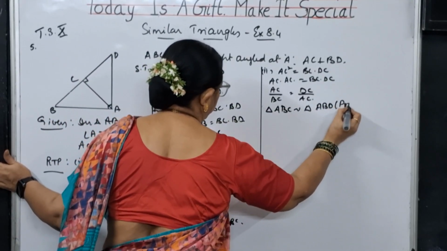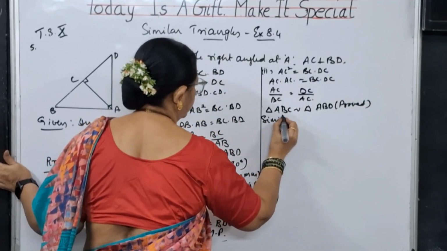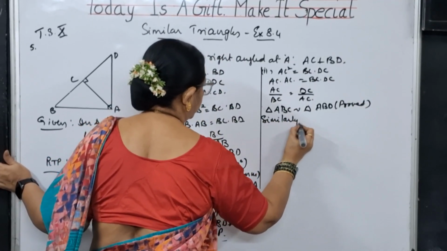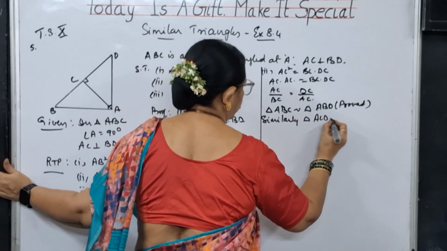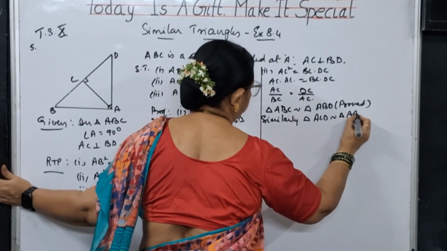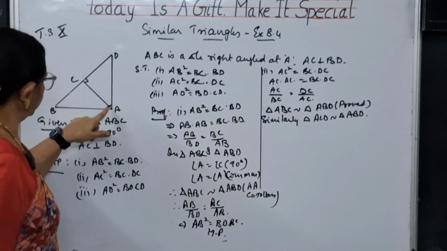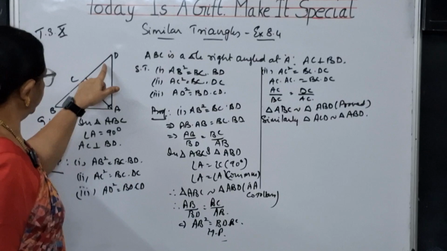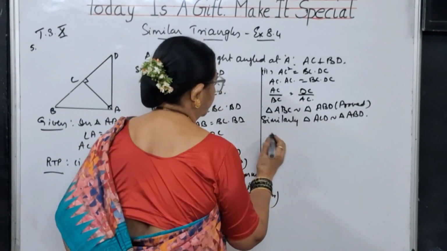We have just now proved. Similarly, triangle ACD is similar to triangle ABD. Even this also, these two are perpendicular, this is a common angle. So just if you write similarly, that's enough.